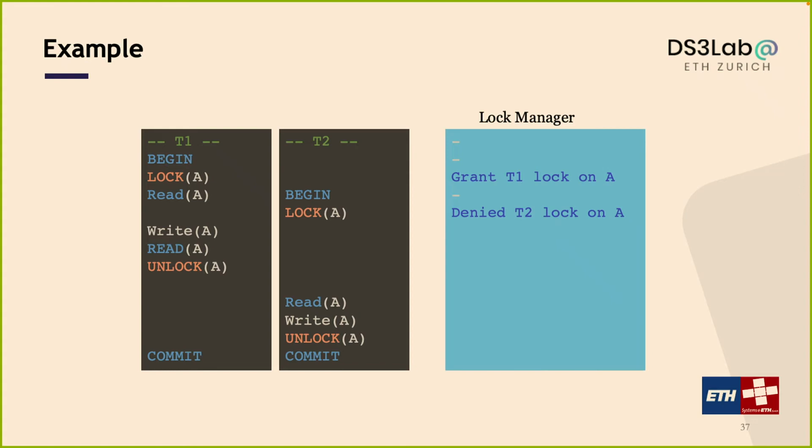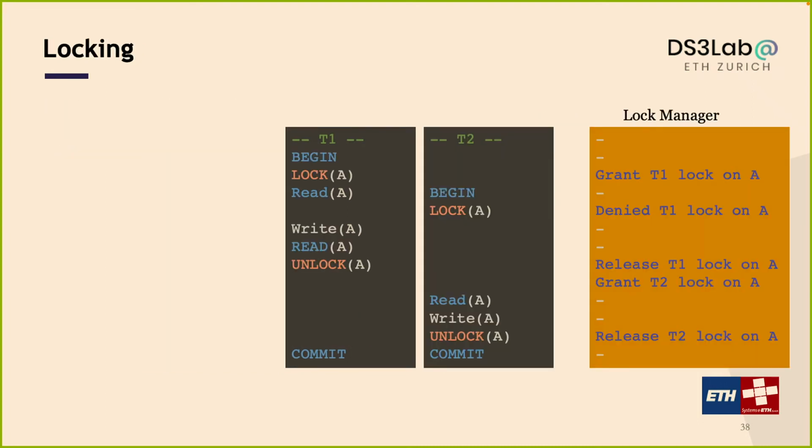In the meantime, T1 is going to proceed. T1 is going to continue to write A, read A, do whatever it wants, and then it unlocks A, releasing the lock. The lock manager will say, okay, T1 released the lock, and then tell T2, I can now give you a lock on A. And then T2 proceeds. Read A, write A, unlock A, and both commit. Make sense? This is what we are expecting from lock and unlock, these two instructions.